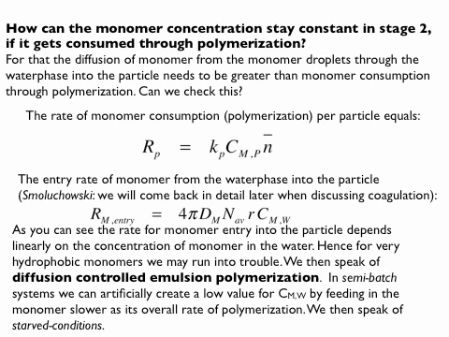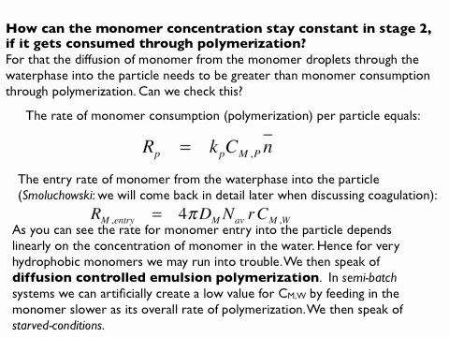Now, think of a monomer molecule as a ping pong ball, and think of a particle as a larger ping pong ball. In order for these things to enter, they have to collide with each other. So a very small ping pong ball has to collide with a very large one, and you're basically back to collision theory.